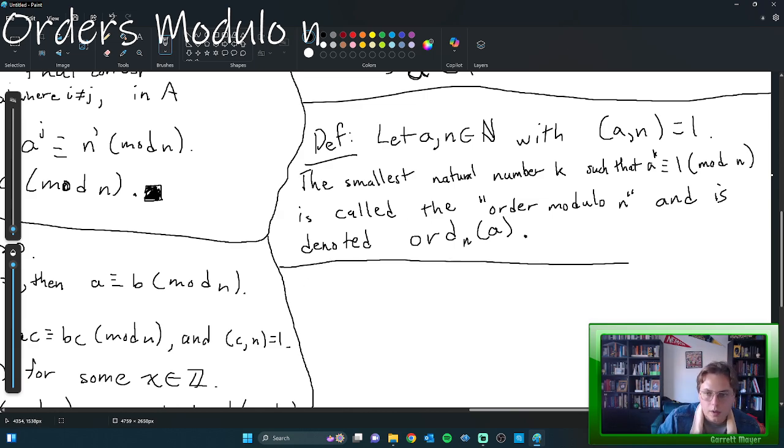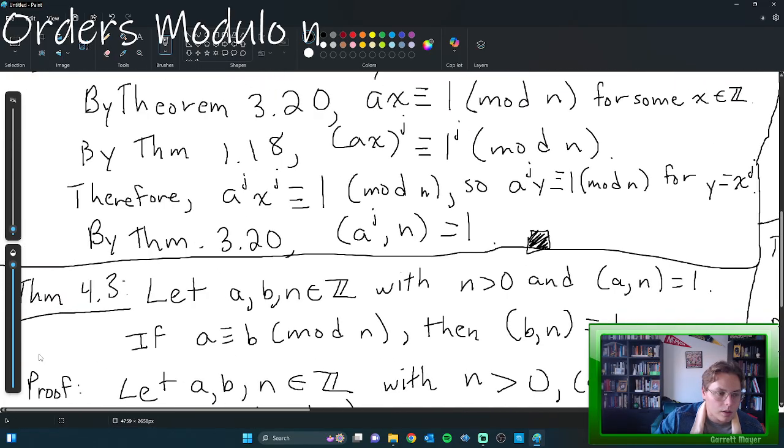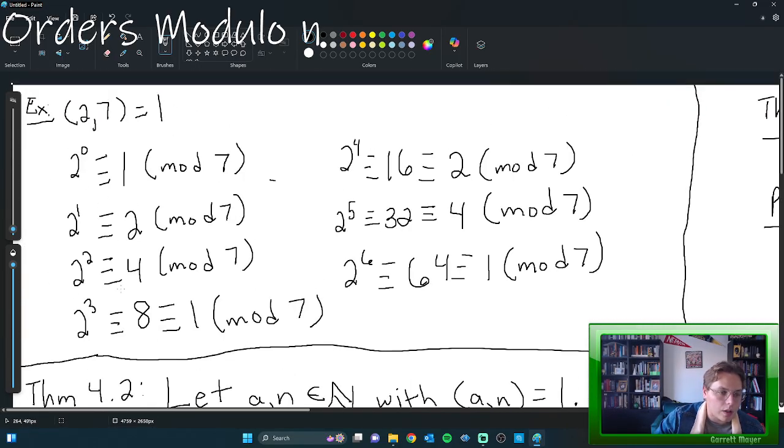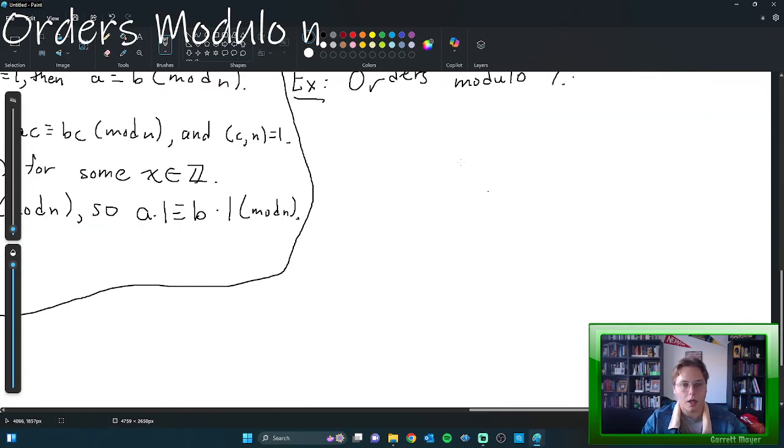Okay. So to understand this a little bit better, let's do a quick example where we find the orders modulo 7. Now remember, in the very first example we did, we found that the order of 2 modulo 7 is 3. It's that first time when it gets back to 1. Let's see what we can find for the different numbers.